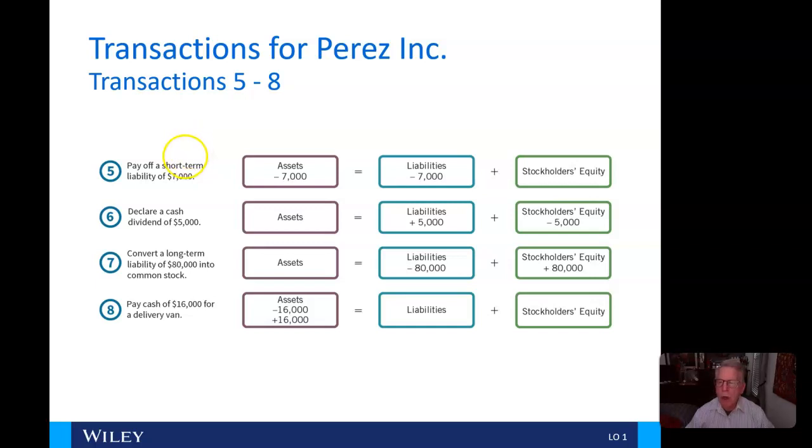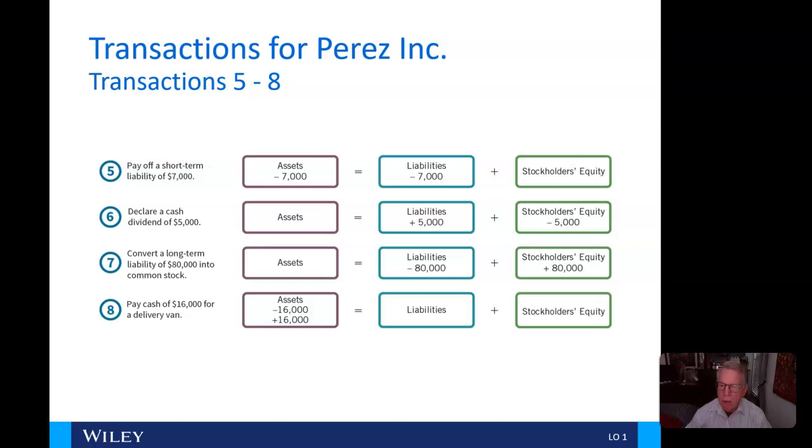So now on number 7, we're going to convert a long-term liability into common stock. Very easy. We're going to make that long-term liability go down by $80,000. We'll make our stockholders' equity go up. And then at number 8, we're going to pay $16,000 for a delivery van.